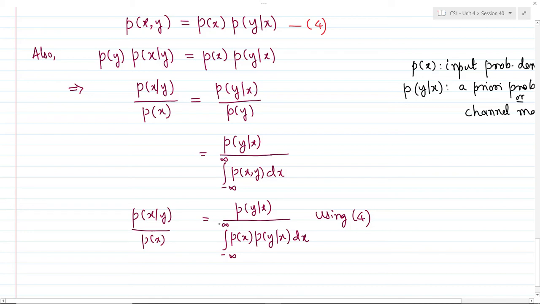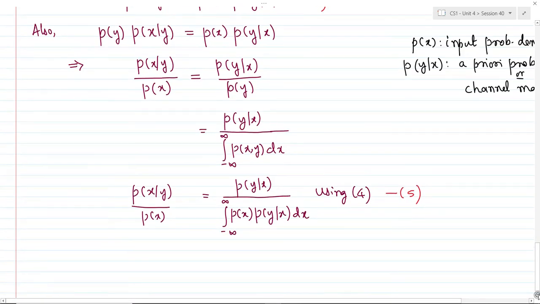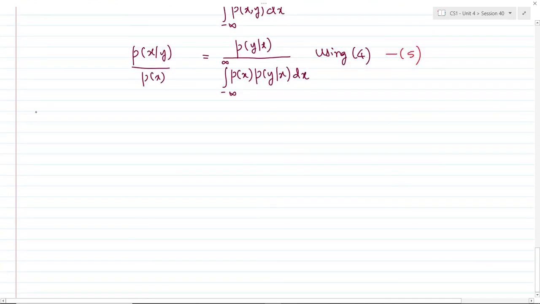I have written in this fashion. Alright, so that I can now substitute these 4 and 5, put 4 and 5 in equation 2 that we have defined.